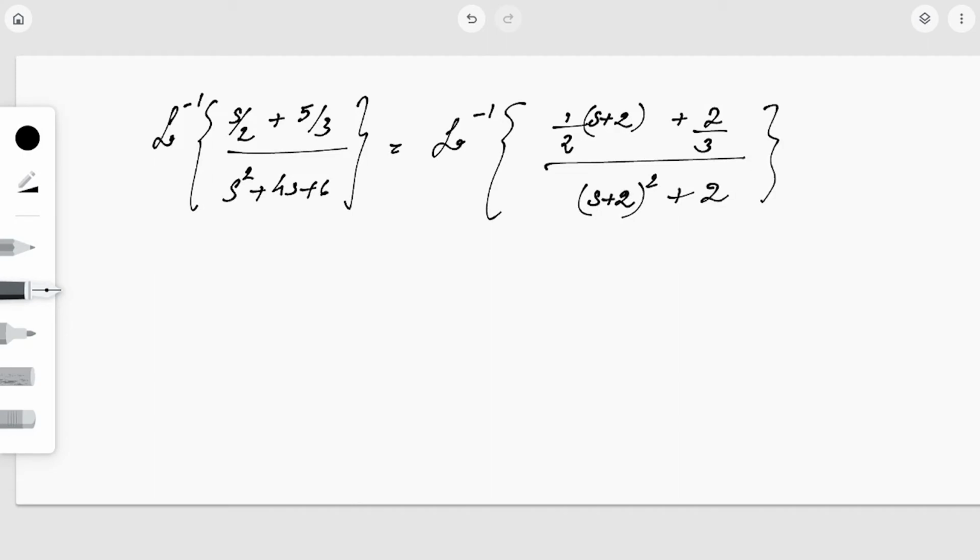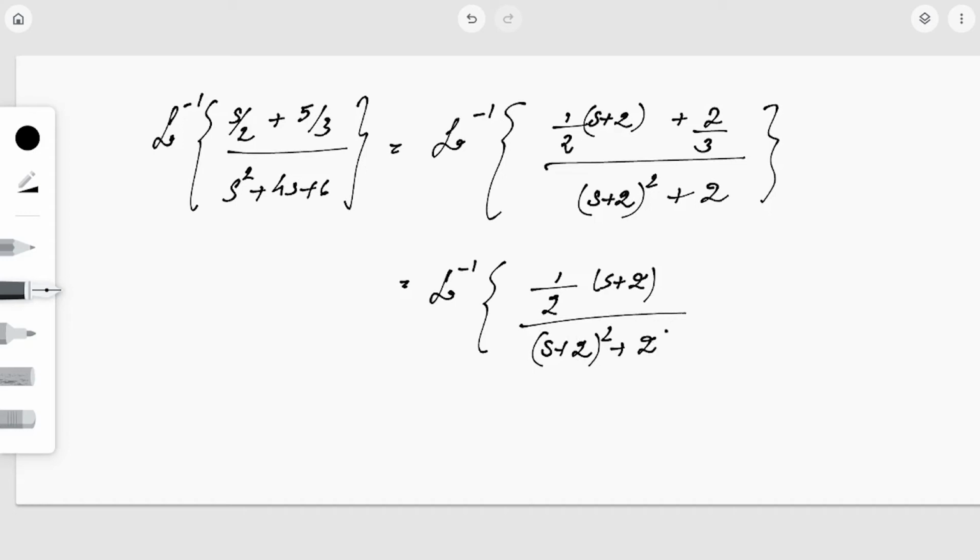This is how we have done it, right? So this I can write as the inverse Laplace transform of 1 by 2 into s plus 2 whole divided by s plus 2 whole square plus 2 plus 2 by 3 by s plus 2 whole square plus 2, right?